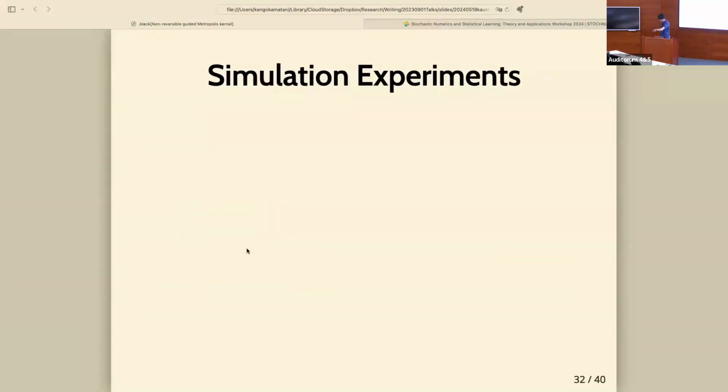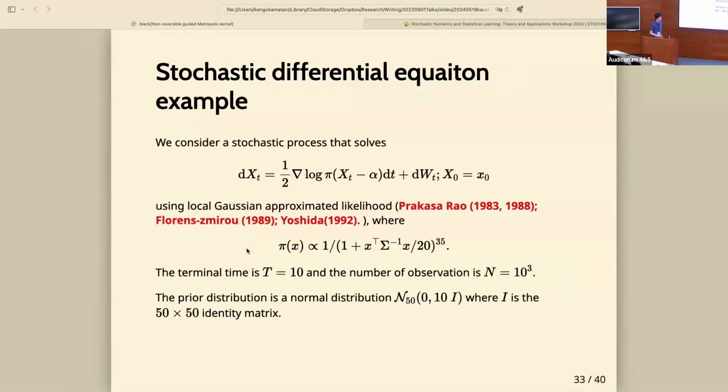And finally, there are some simulation results. First I want to say that the simulation results are not super drastic, because I explained two experiments, but these experiments are not designed for our purpose.